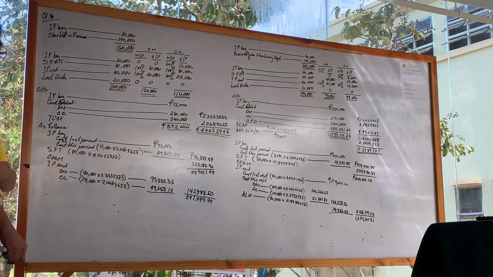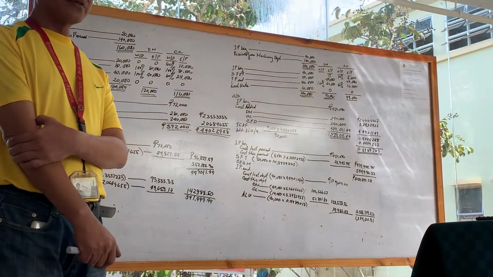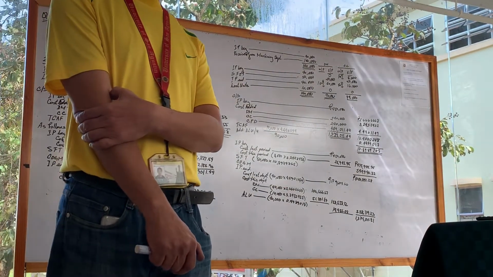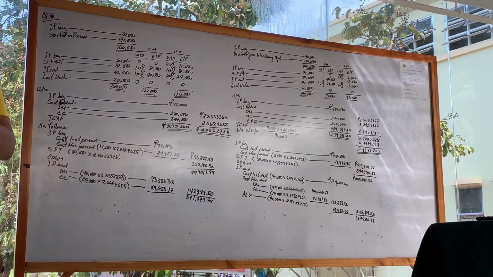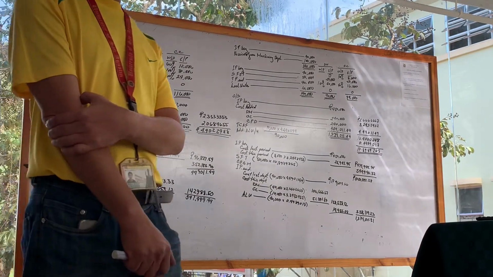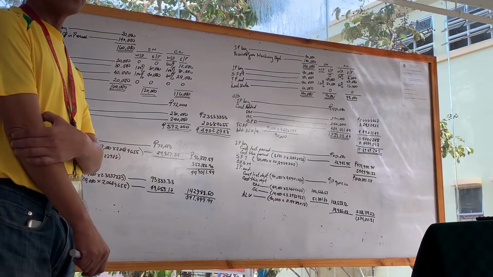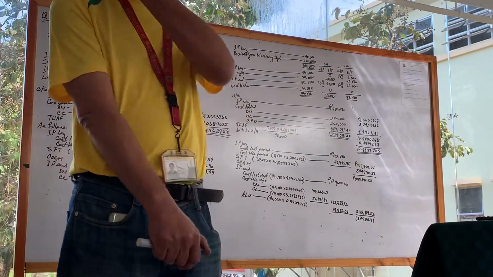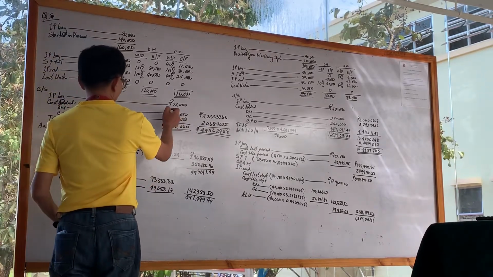Debit, work in process, conversion costs, machining department, 240. Credit, materials inventory, 240. And credit, various credits.